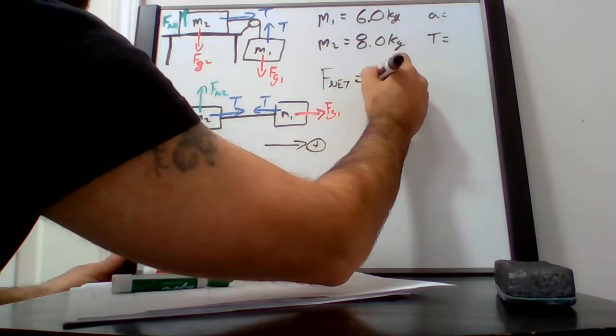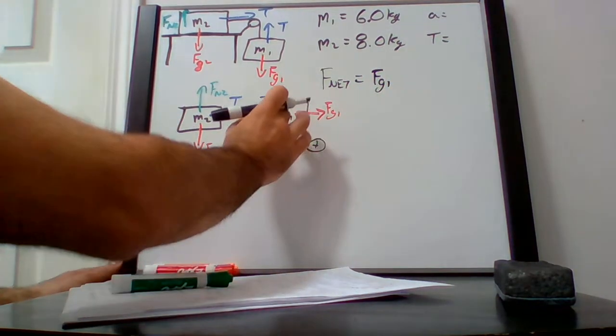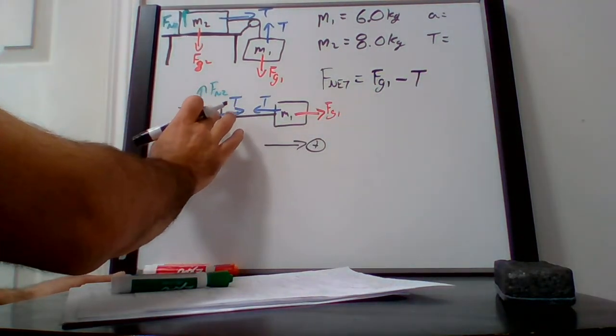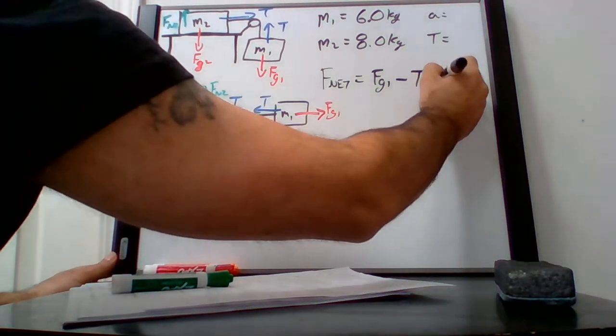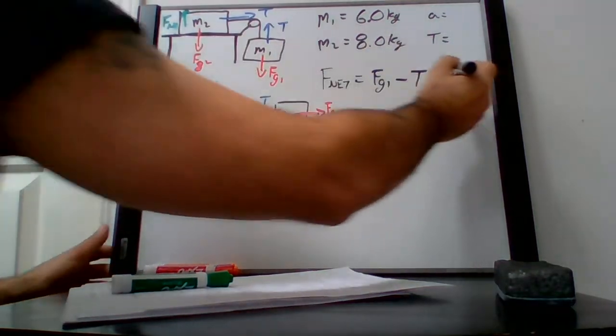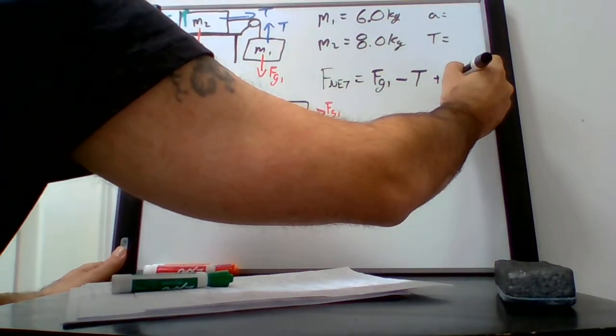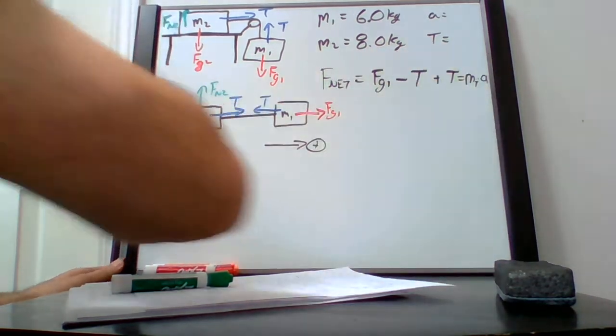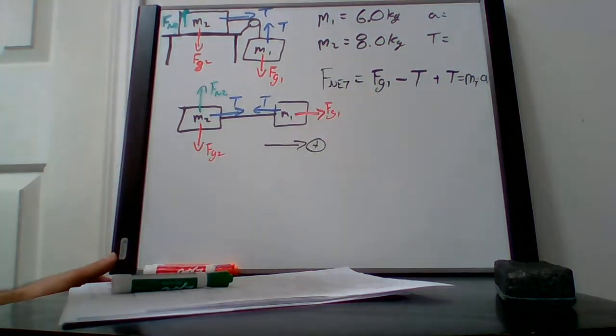So I see my FG1, I have tension going in the opposite direction, so minus tension, and then I have this tension going in that direction, so plus tension, and again, this is equal to my total mass times acceleration, because that's what my Fnet is.